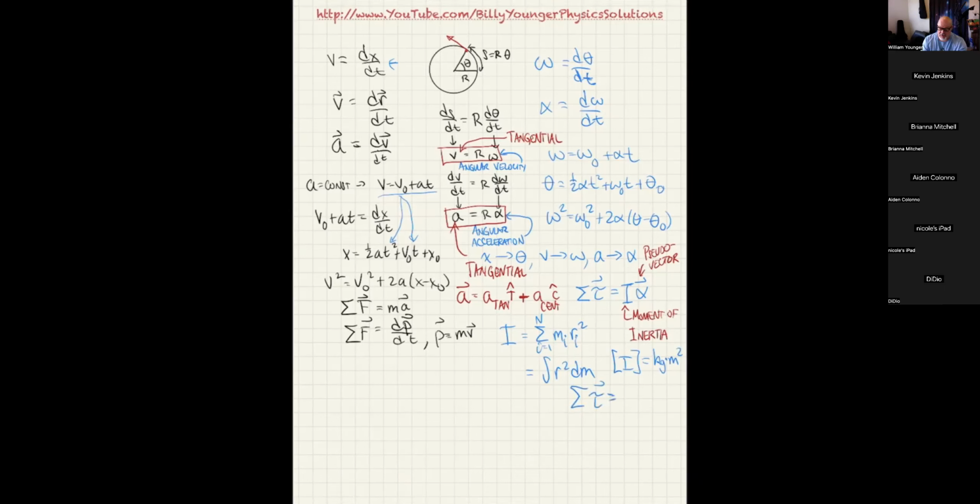So the summation of the torque is equal to, anybody want to guess? It's a little unfair, really, to say it. But you might guess that there's something called the angular momentum, and that's actually true. And in fact, it would be dL/dt, where L is called the angular momentum.